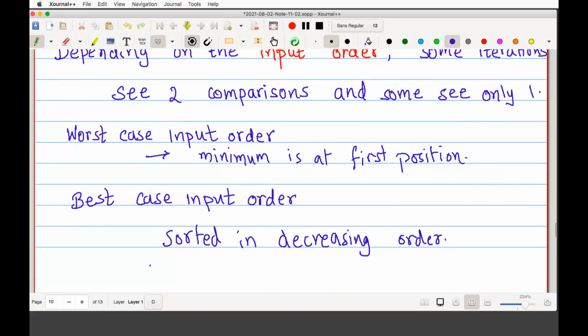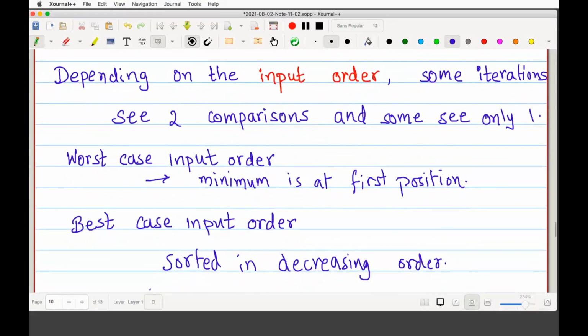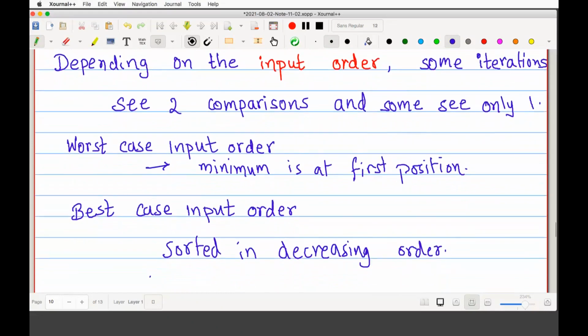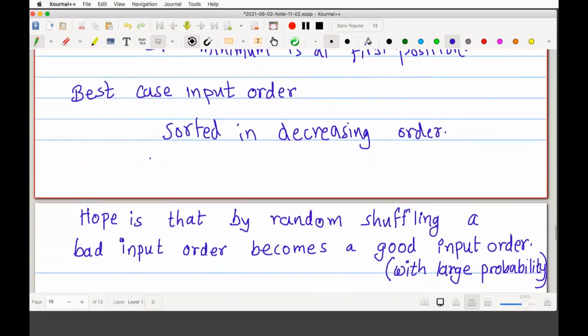Okay. So basically, the point is that the total number of comparisons depends on the input order, and that's why the idea we suggested last time was to do a random shuffling before running our algorithm, right?